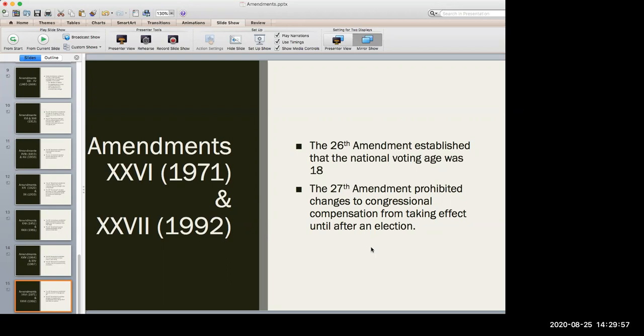Why do you think there was a big push to lower the voting age to 18? What was going on in the late 60s? War. Yes. So you could be 18 years old and be sent to fight in Vietnam and not be able to vote. Right? So the voting age was lowered to 18.